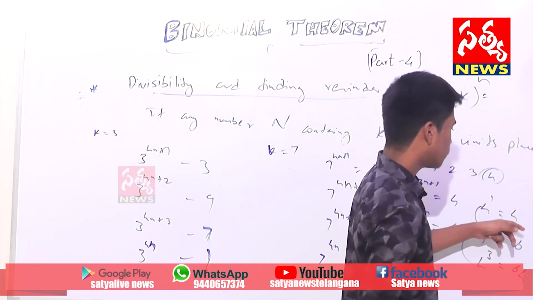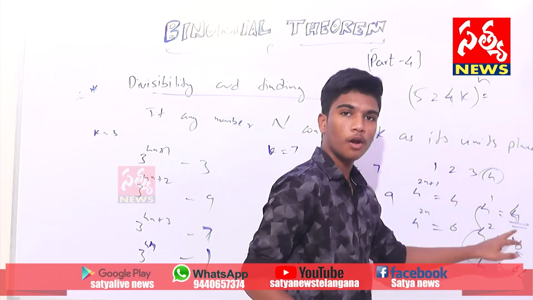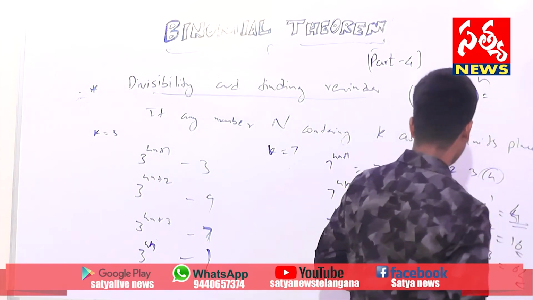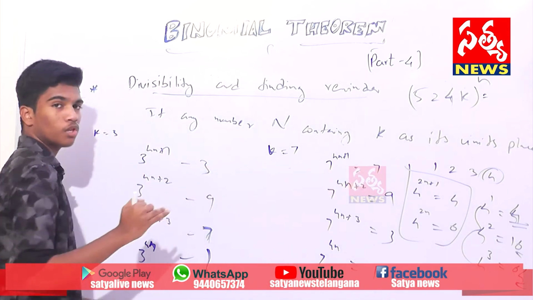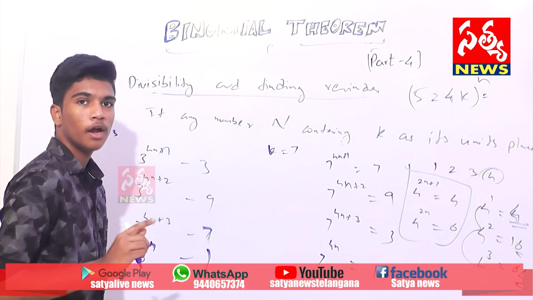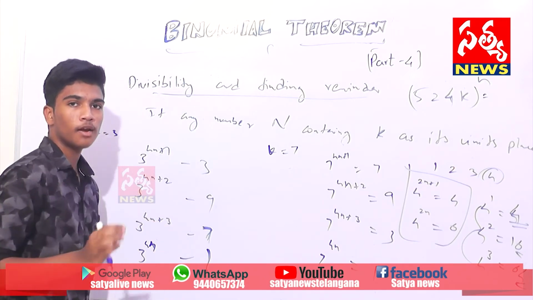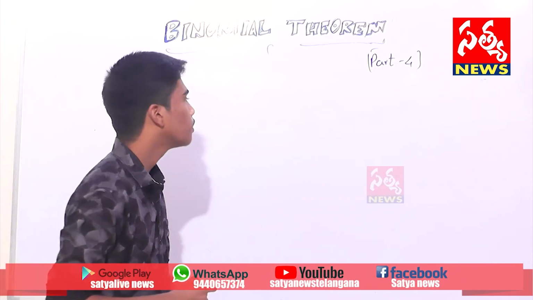So the units place alternates between 4 and 6. We get the alternate terms 4 and 6 as their units place. See, a special condition: 4 and 2, 3, 7 are of the same kind, and 1, 5, 0, 6 are of the same kind.